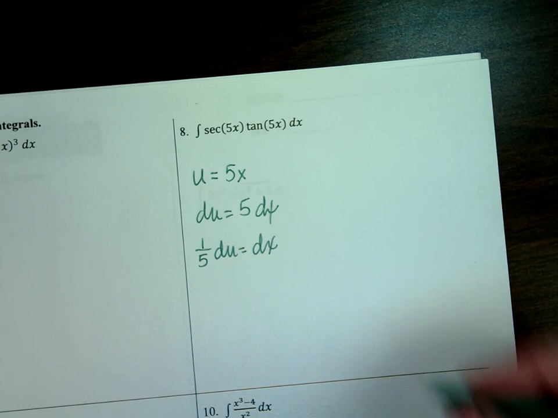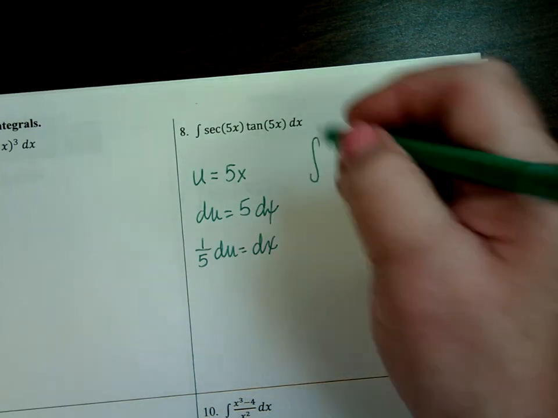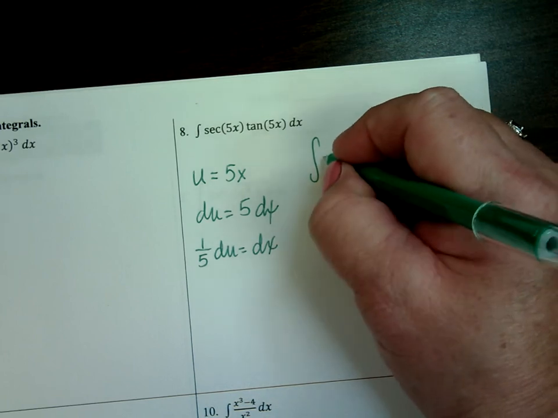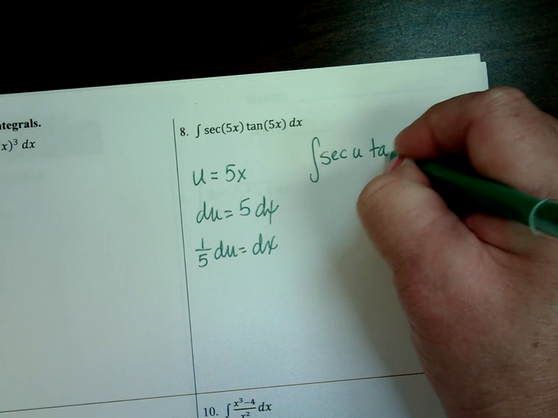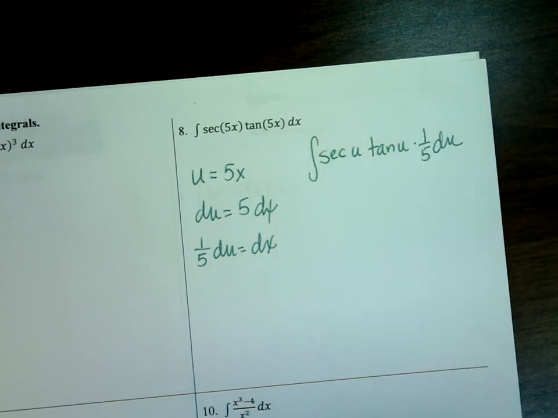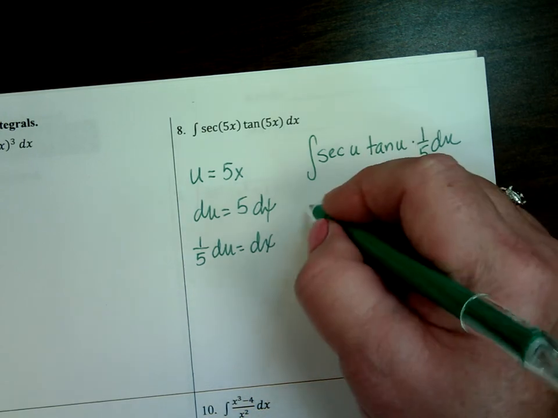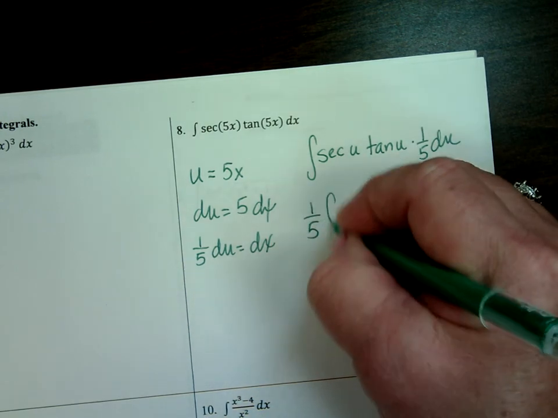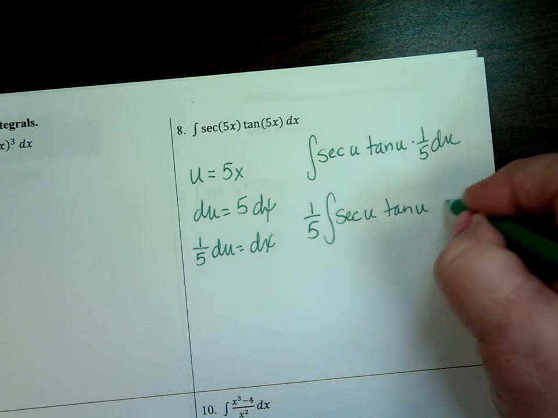So when you do the u-substitution, it's not going to look pretty for a minute, but it'll get pretty in a couple minutes. You'll have the secant of u, tangent of u, times 1/5 du. So make it pretty so you can do your antiderivative. Take the 1/5 out. Secant of u, tangent of u, du.